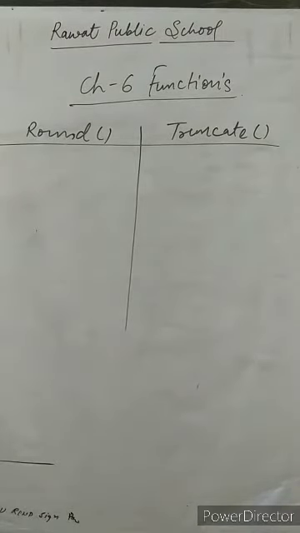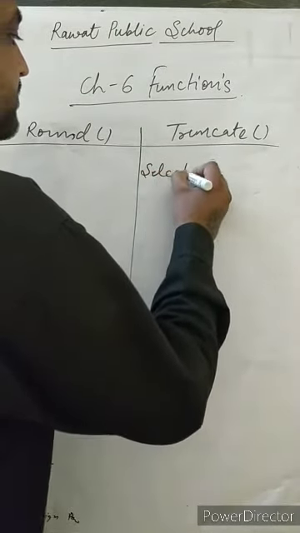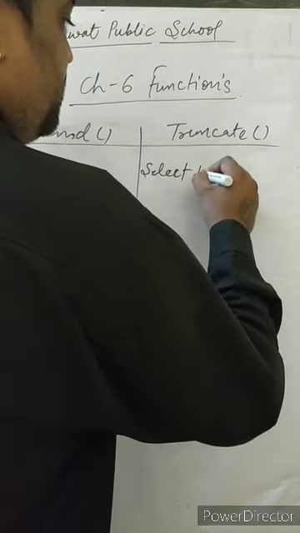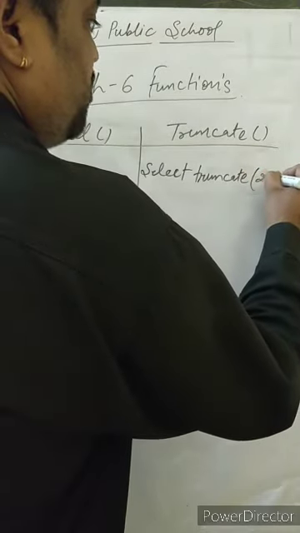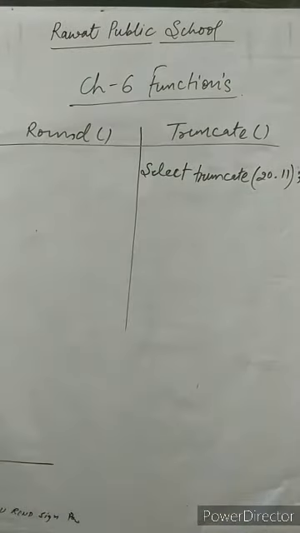So first we take an example of the truncate function. I am writing here select truncate 20.11. Okay students, so truncate function is used to remove the decimal places.